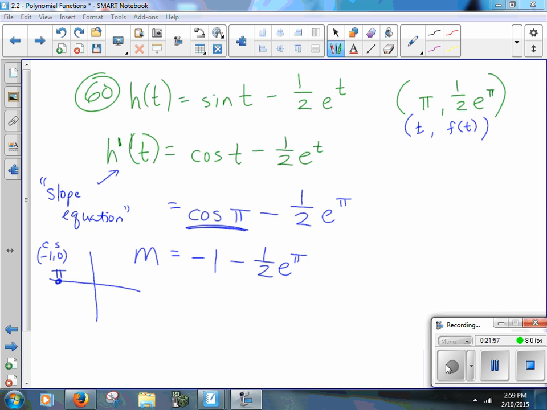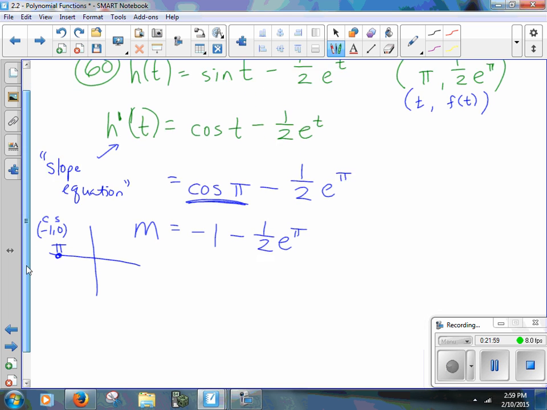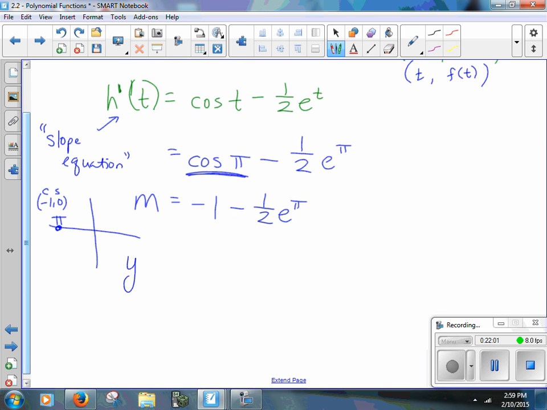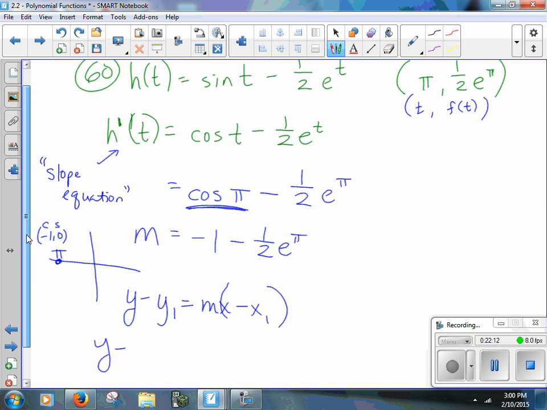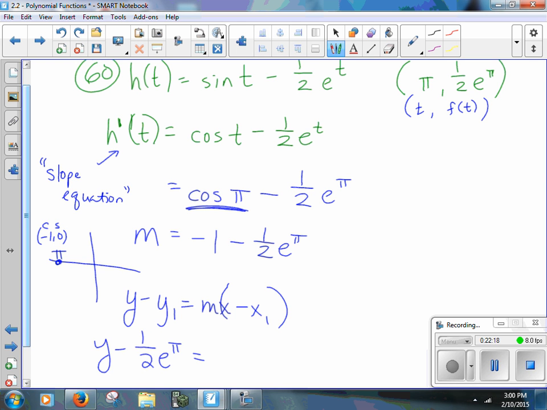Okay? It looks funky. We have to write the equation. Now watch. So y minus, what's y sub 1? 1/2 e to the pi. What's your slope? 1 minus 1/2 e to the pi, times x minus what?